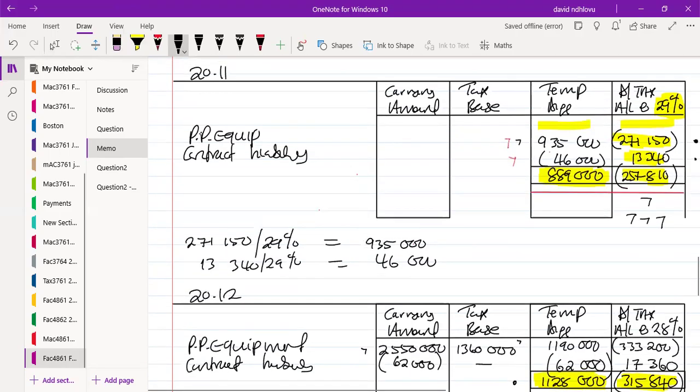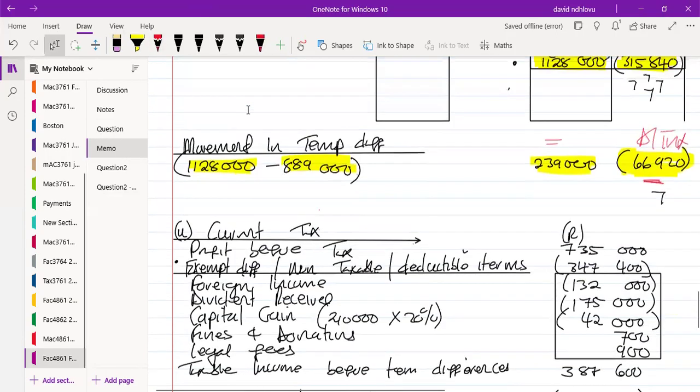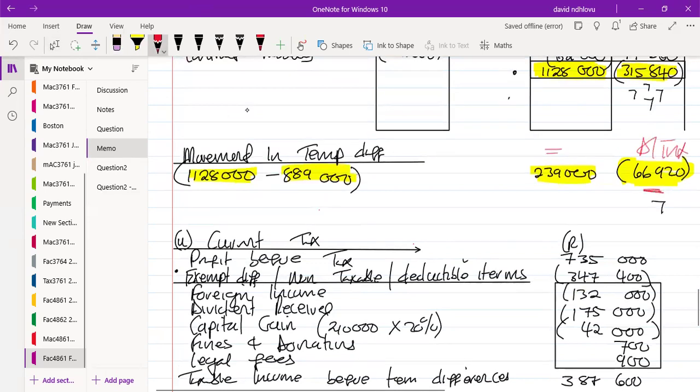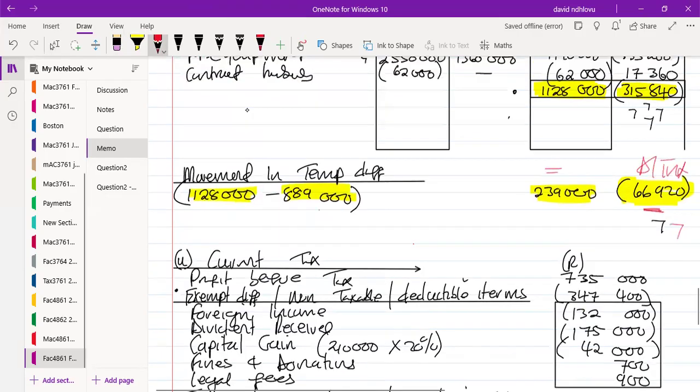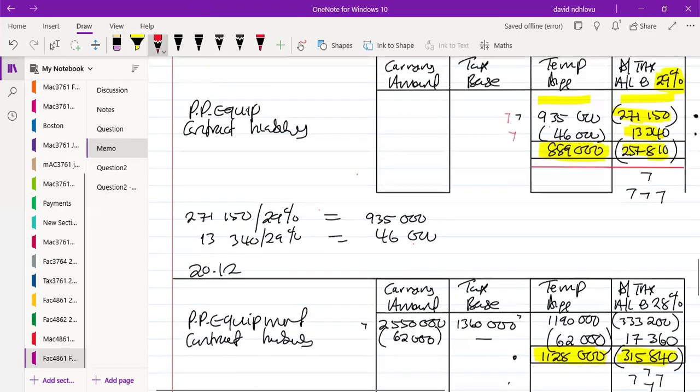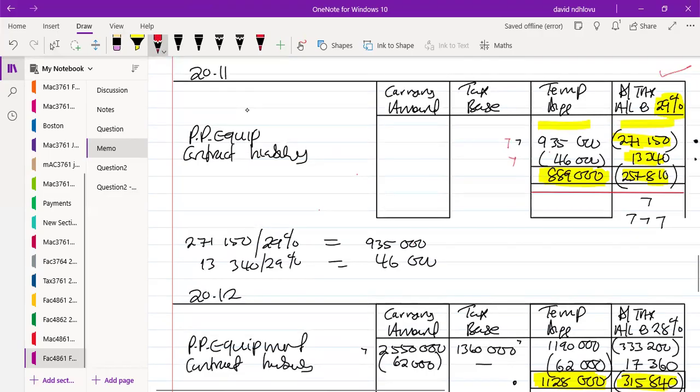We have completely ignored what? 29%. So therefore, we are saying based on current operations alone, we had an additional expenditure of what? 66,920. Right. However, we are saying what is the impact of the movement in the rate?